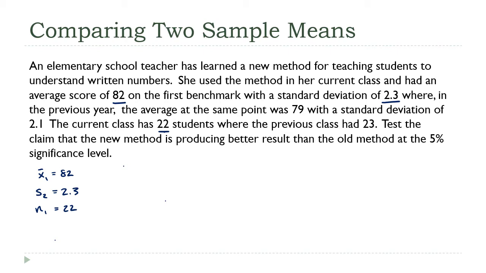And then we've got the information for the previous class, so x bar 2: in the previous year the average was 79, the standard deviation was 2.1, and her previous class size was 23. Okay, so those are all of our numbers.